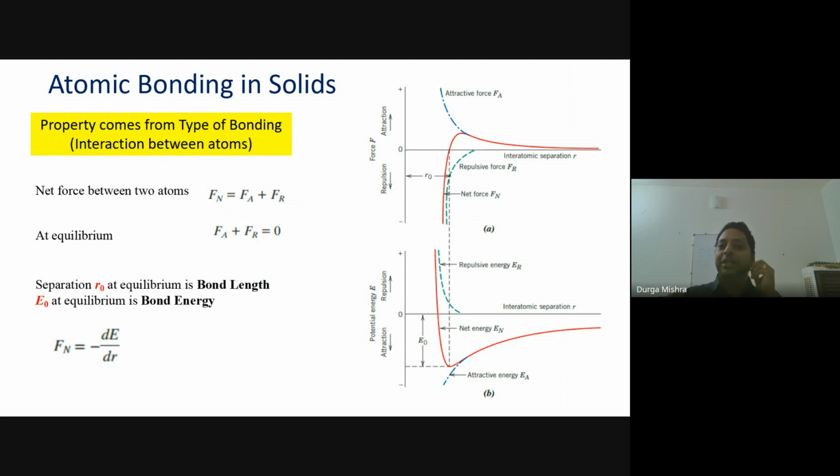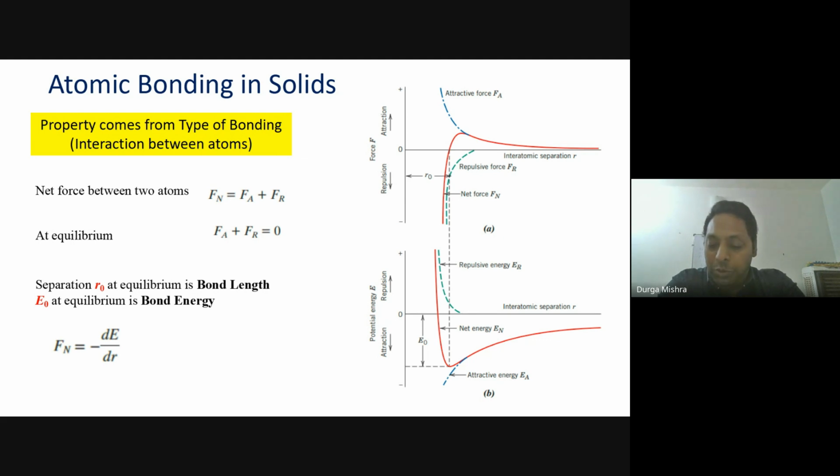The interaction only can be through some electrons, because these atoms have nucleus and electrons, and normally electrons surround the nucleus. So whenever two atoms come closer, there will be interaction through these electrons. Now electrons and nucleus are all charged particles. So if they are charged particles, you will have an electrostatic interaction.